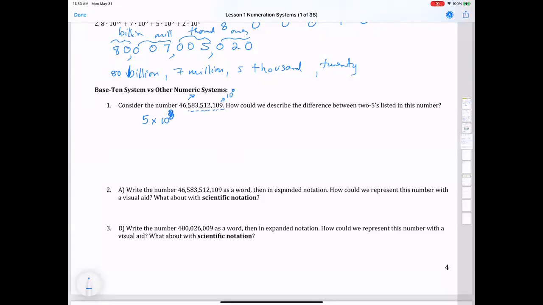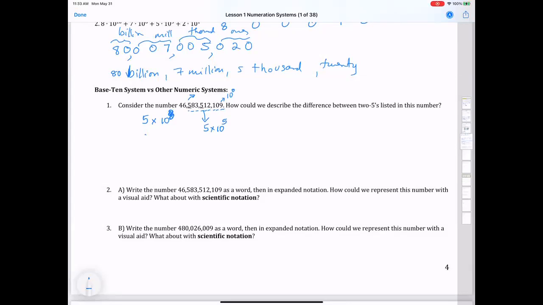So you always start counting from 10 to the 0. So this is 5 times 10 to the 8, whereas the other 5 is 5 times 10 to the 5.